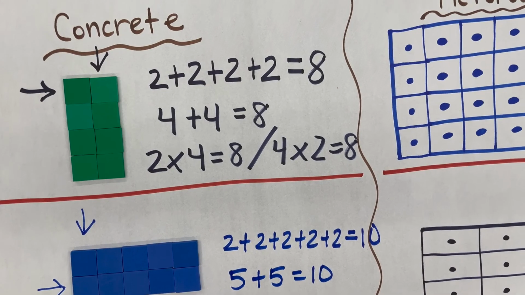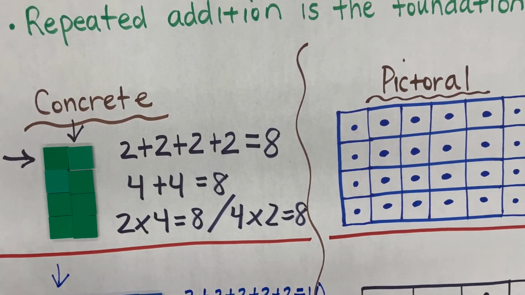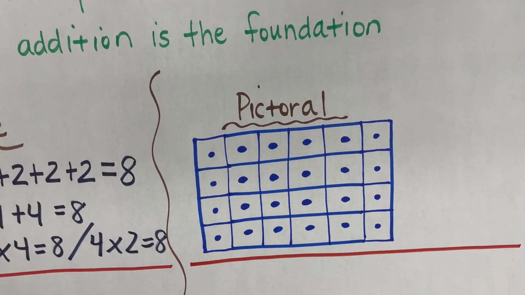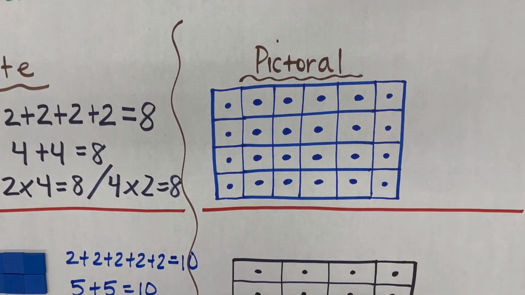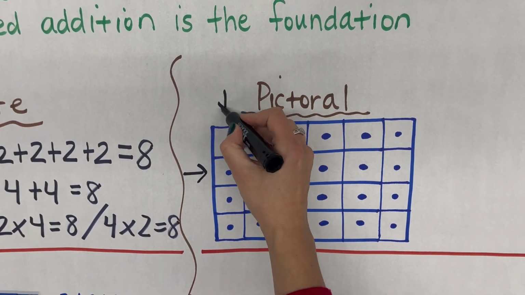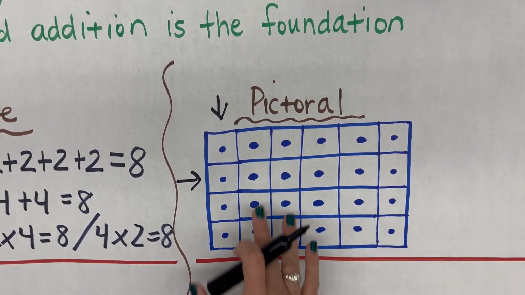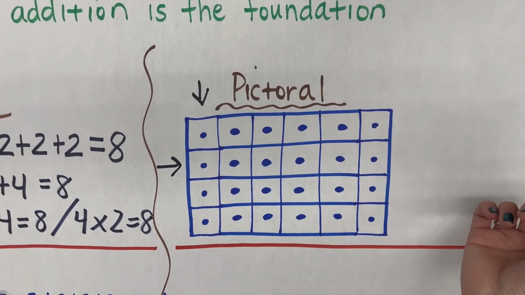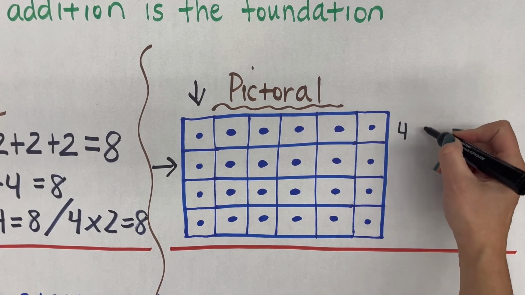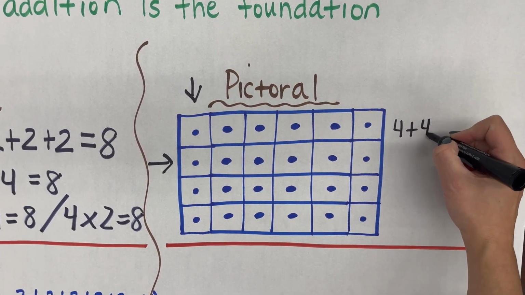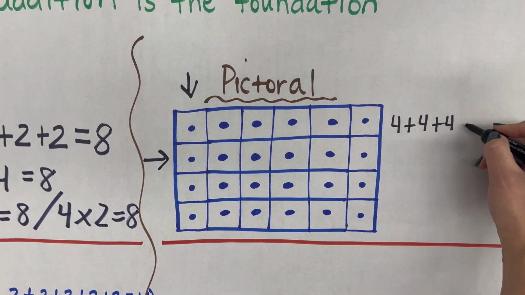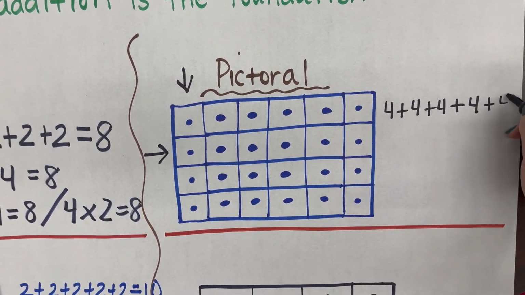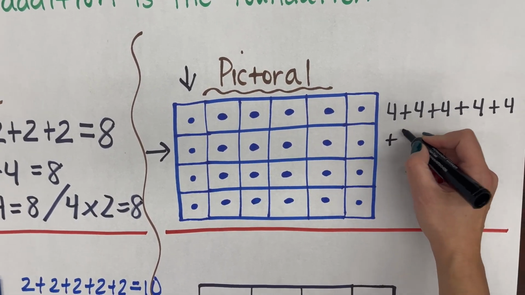So with the trajectory of how children represent arrays, we move from concrete to pictorial. So now looking at this big picture up top, these are my rows, these are my columns. So I can do the same thing. I have 4 rows and I have 6 columns. So I have 4 plus 4 plus 4 plus 4 plus 4 plus 4.